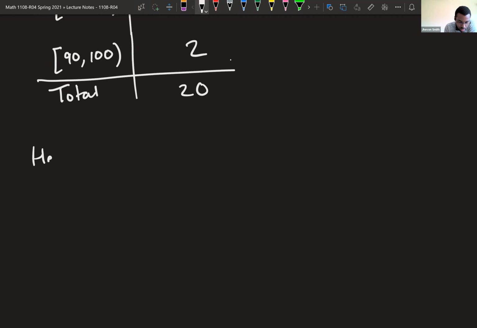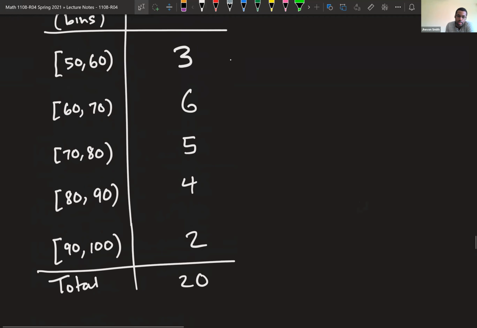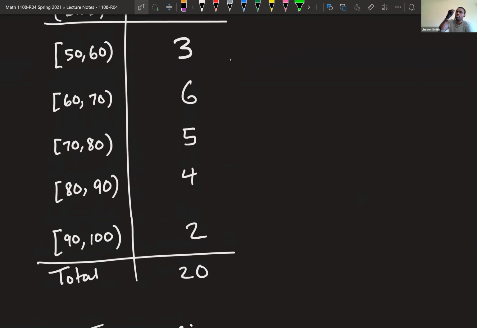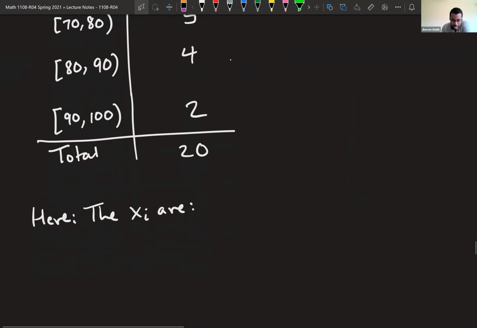Here, the xi are, well, what are they? Remember, we pretend we want the values to be the middle value in each bin. So for the 50 to 60, that would be 55. 60 to 70, that's 65, then 75, then 85, then 95. The middle numbers.